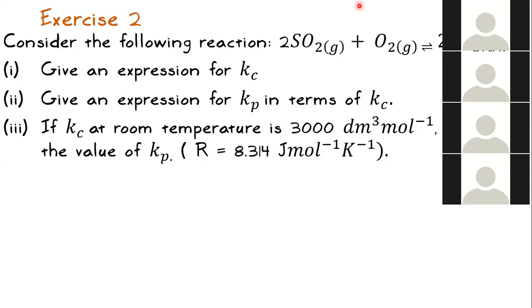So Elom gave us Kc to be concentration of SO2 to the power 2, concentration of O2, all over concentration of SO3 squared. Who else?